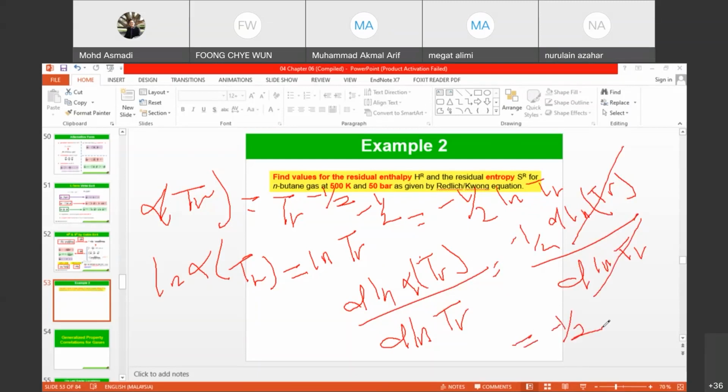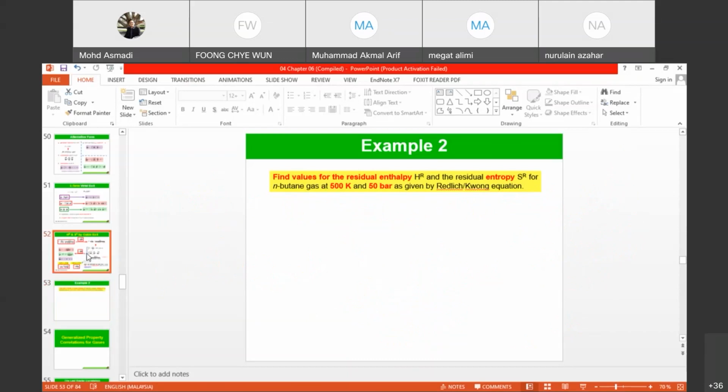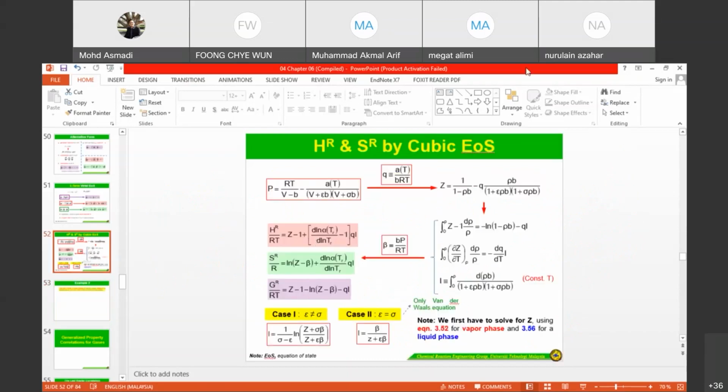So for the Redlich-Kwong, if you look at here, this one is equal to negative half. So the equation becomes HR over RT equal to Z minus 1 plus negative half minus 1, times qI.